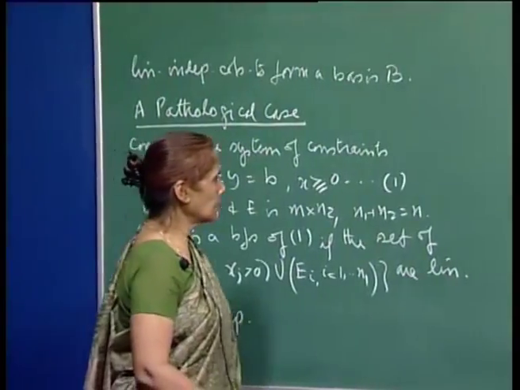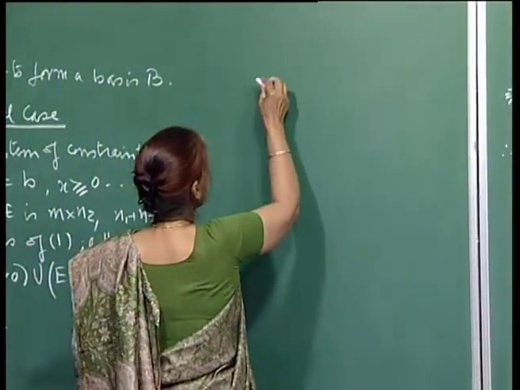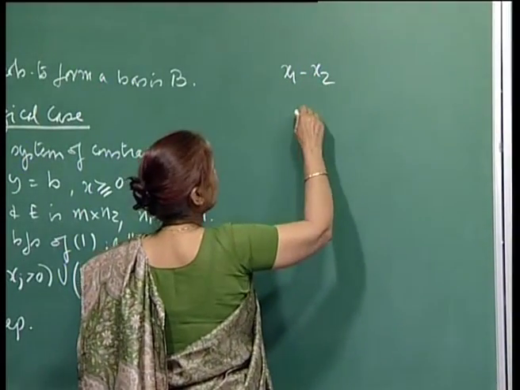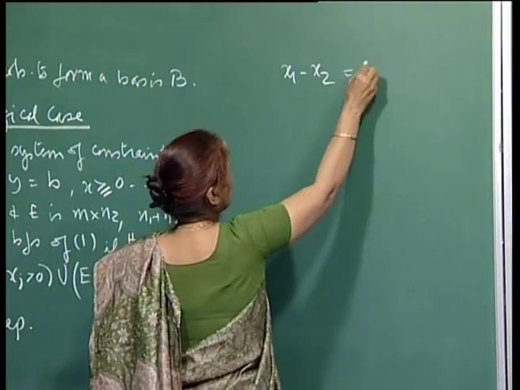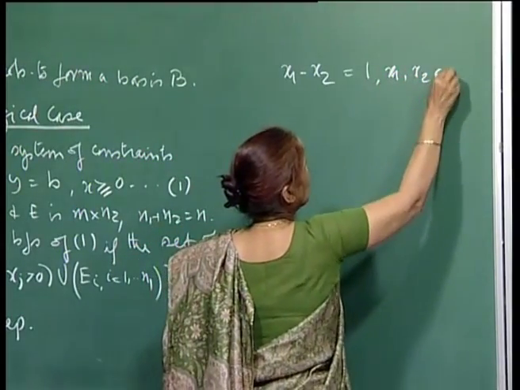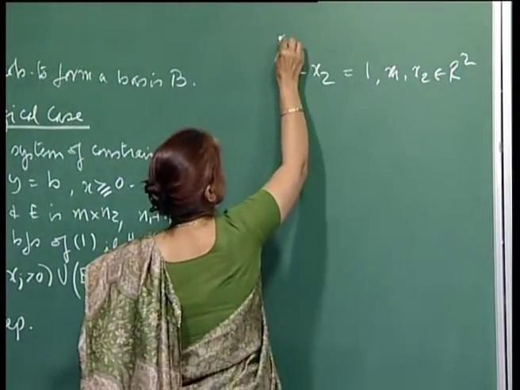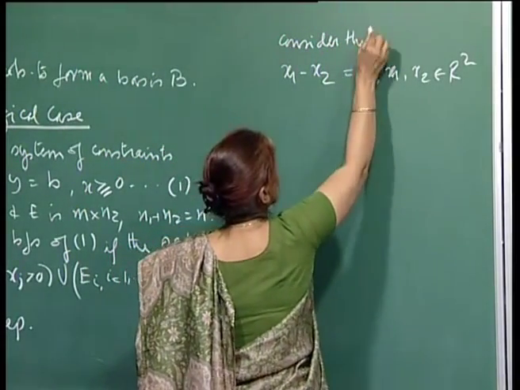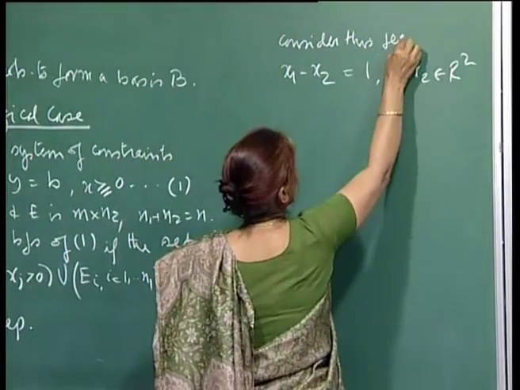Now look at the constraint x1 minus x2 equal to 1, let us say, with x1, x2 belonging to R2. Consider this feasible region.